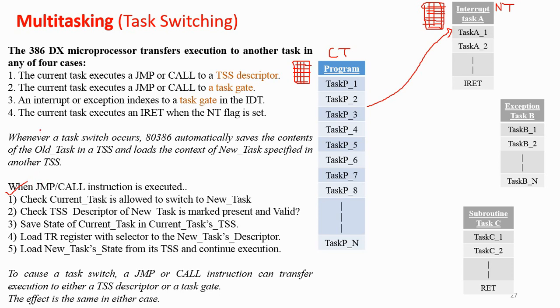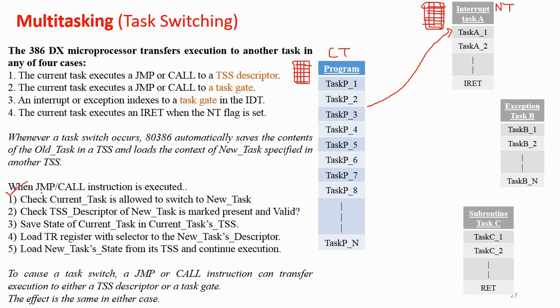Before this we discussed in which condition the microprocessor transfers execution from one task to another task. Now we will see what happens when jump and call task switching happens.